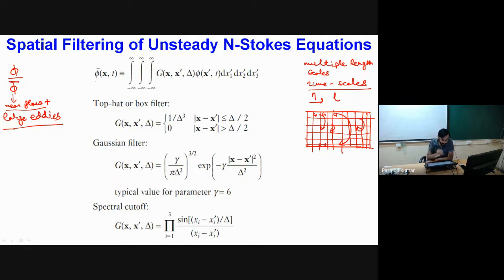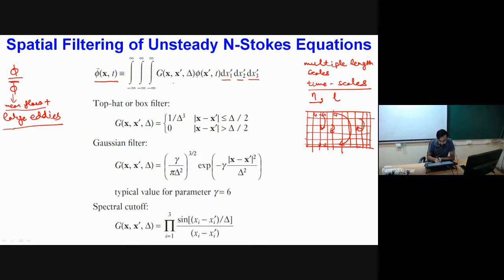Now let us see the definition of this phi bar. We are saying that phi bar of x comma t is equal to a volumetric integration, from minus infinity to infinity, over dx1, dx2, dx3. So x1, x2, x3 are the directions along the principal coordinates in the Cartesian coordinate system.